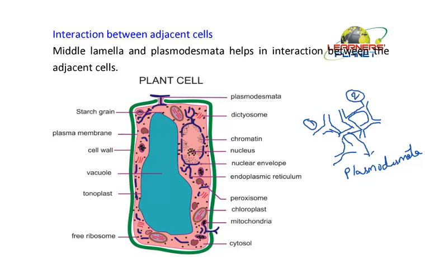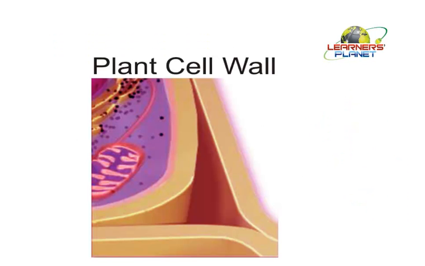Further, in between these two cells, there is another material present. They have a middle layer here. They are sticking with each other with the help of this structure, which is known as the middle lamella. This middle lamella is made up of calcium or magnesium pectate and helps in holding the two adjacent cells together.